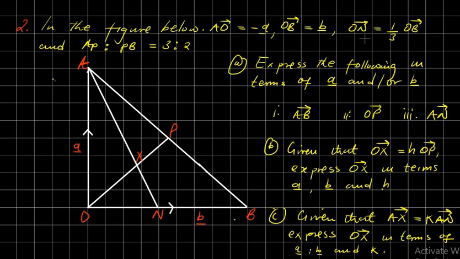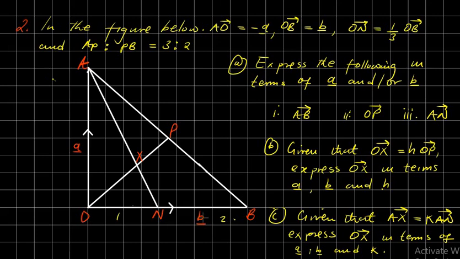Then we have ON. ON, from here to there, is equal to 1/3 of the vector OB. Now 1/3 simply means we have 1 here and we have 2 here. So from O to N it's 1 unit, then from N to B it's 2 units.